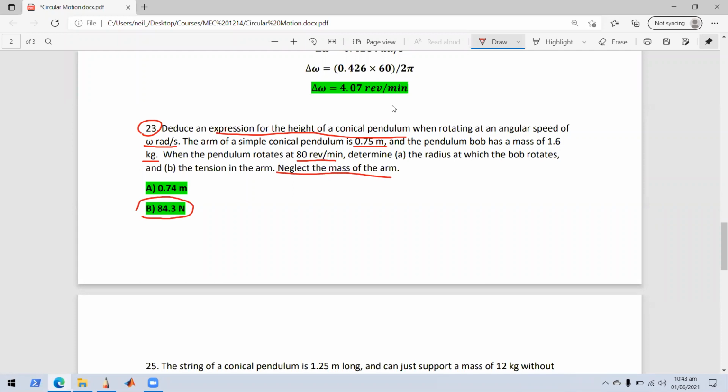Now for the radius, what you're gonna want to do is just create your triangle, right? Maybe you might have here as 1.6, and somewhere along the way, calculating for tension, you might find height. So you can use the length of this arm along with height to maybe generate some kind of Pythagoras theorem, 1.6 squared minus 8 squared.